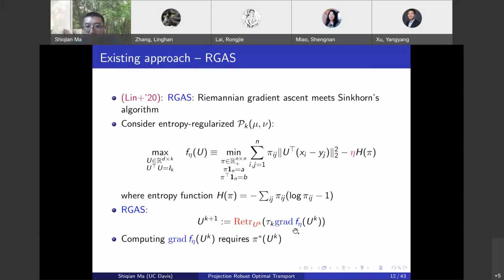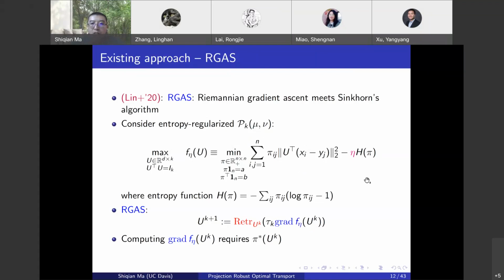There is one issue left. Every iteration, when you need to compute this Riemannian gradient of f eta at u_k, you actually need to solve this minimization problem exactly, for fixed u equal to u_k. This problem is known as the entropy regularized optimal transport problem.